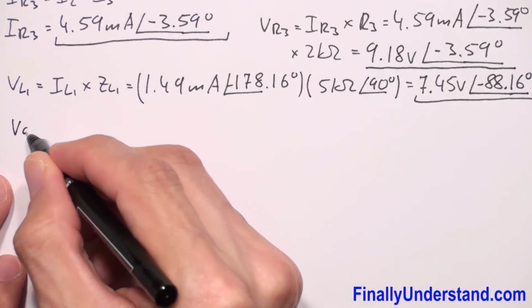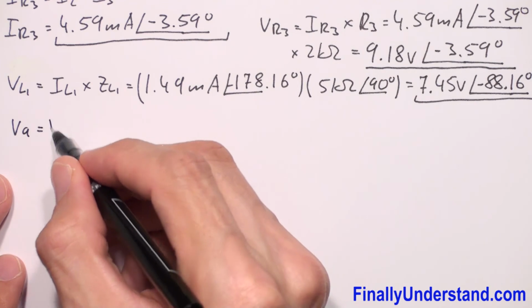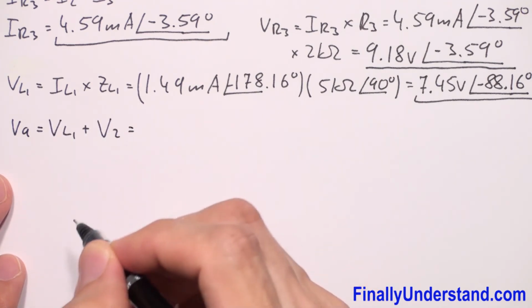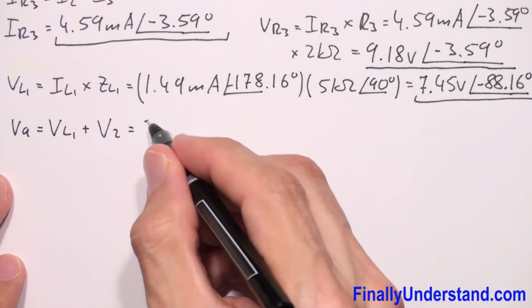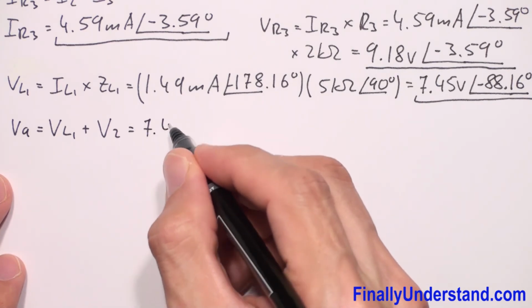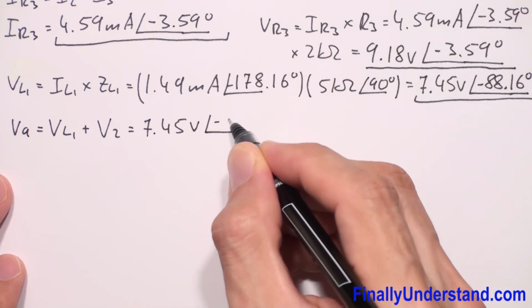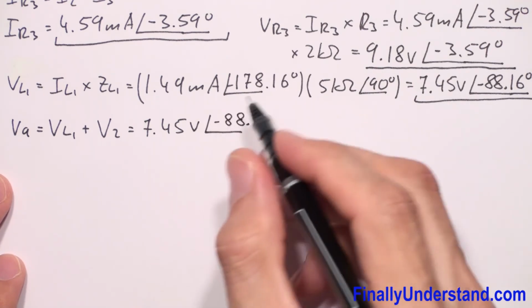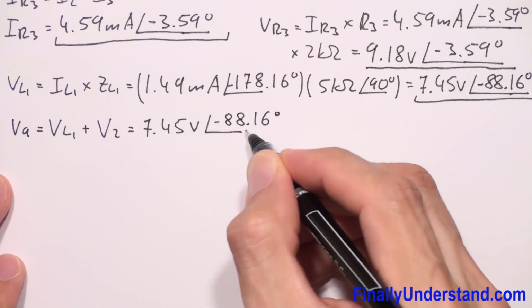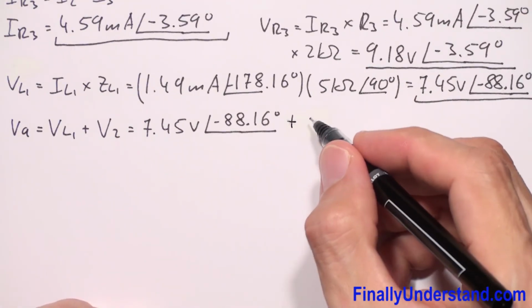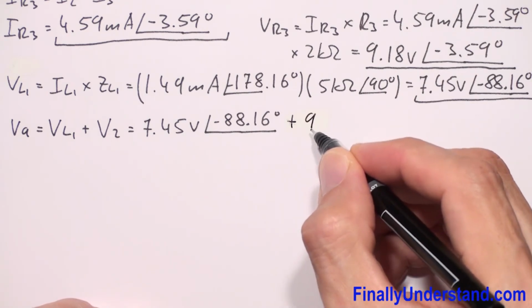VA is equal to VL1 plus V2, where VL1 is equal to 7.45 volts and angle of negative 88.16 degrees plus V2, which is equal to 9 volts.